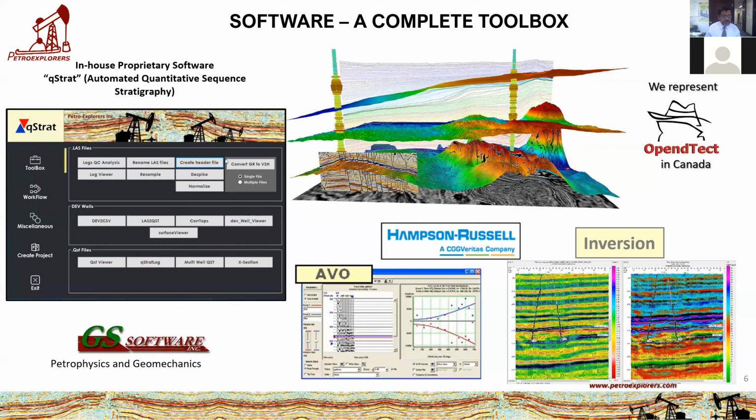And then we developed our own software called QStrat, which is the well-based sequence stratigraphy, an automation of quantitative sequence stratigraphy. We will have a talk about that later in the series.